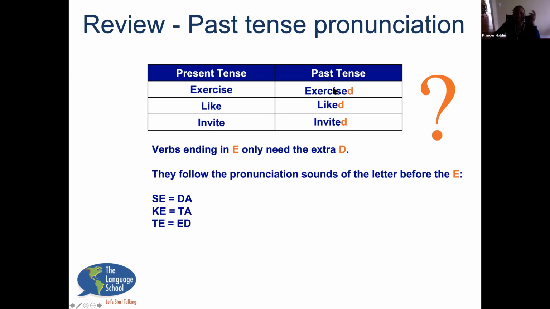So the D is pronounced like a D. In the case of like, the K sound comes before the E. So the D sounds like a T. And in the case of invite, because the last sound is a T sound, the ED is pronounced like an id.